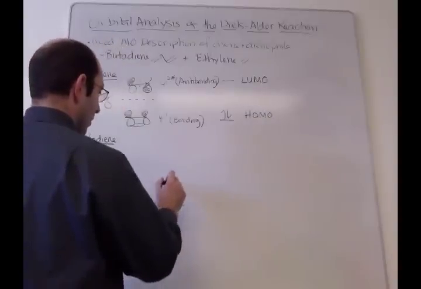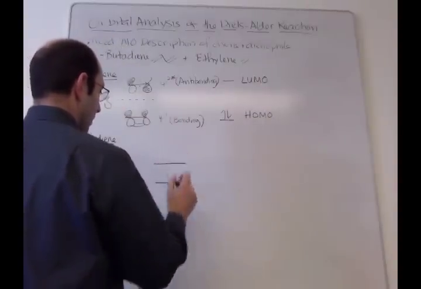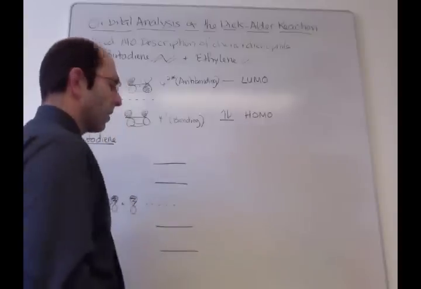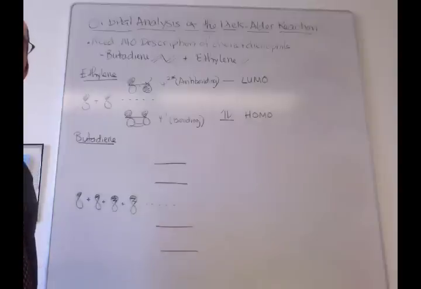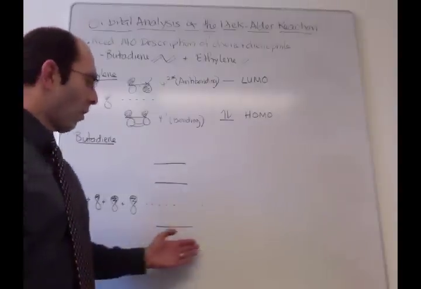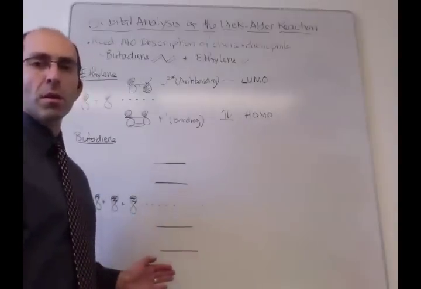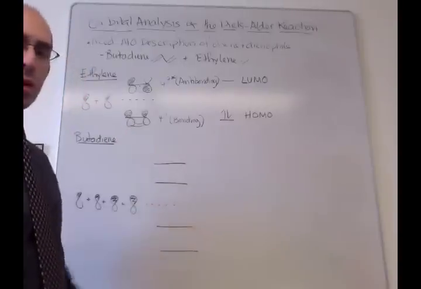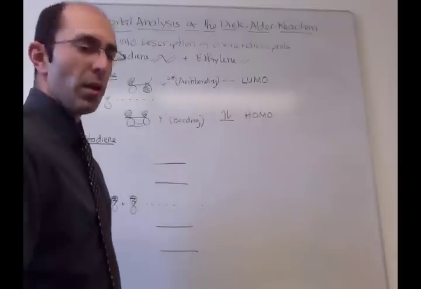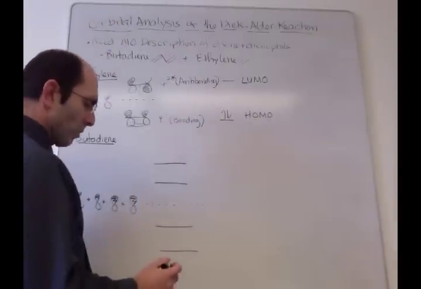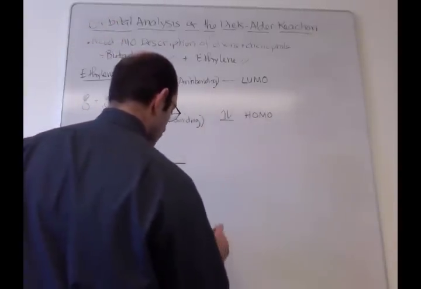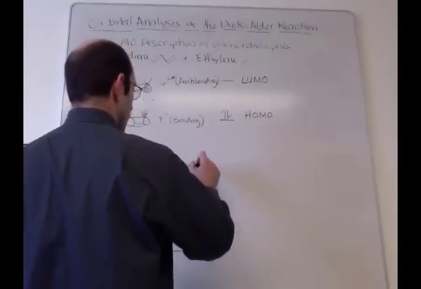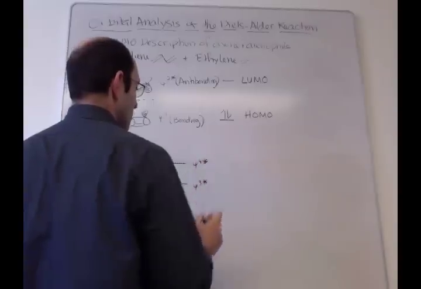So we're going to have 2 anti-bonding molecular orbitals, 2 bonding molecular orbitals, right? And the way these things work is that we're going to have all bonding in the lowest molecular orbital, and then we're going to end up introducing nodes as we go up. So we'll have no nodes on the bottom, and we'll end up with 3 nodes on top, right? So we're going to have psi1, psi2, psi3 star, which is going to be anti-bonding, psi4 star, which is anti-bonding.